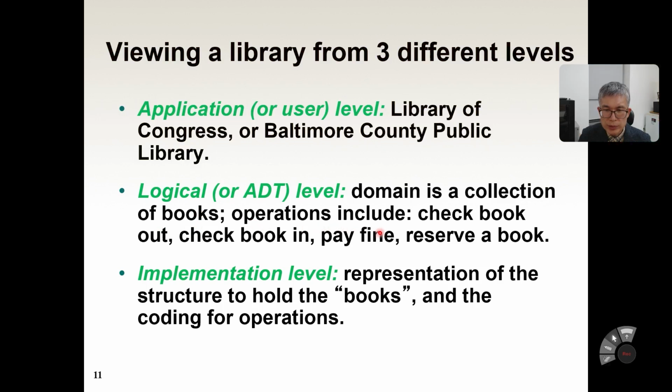Operations include check book out, check book in, pay fine, and reserve a book. For check out, we can borrow, and then we can check in, returning the book to the library. And the implementation view is the representation of the structure to hold the books and the coding for the operations specifically.